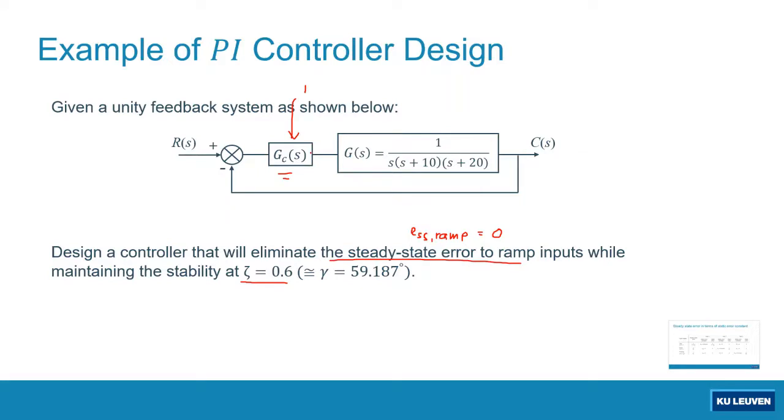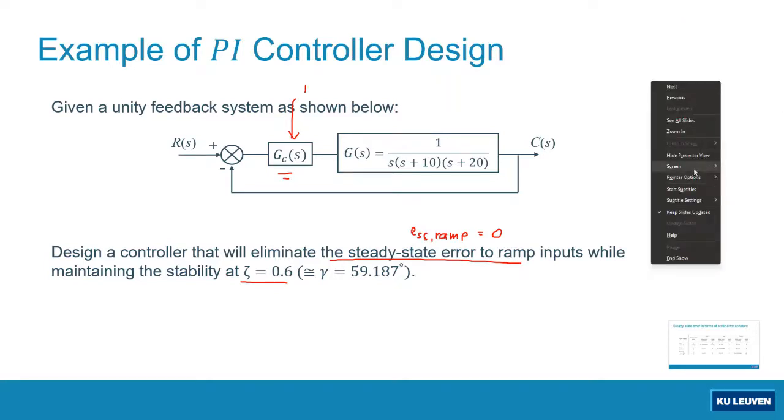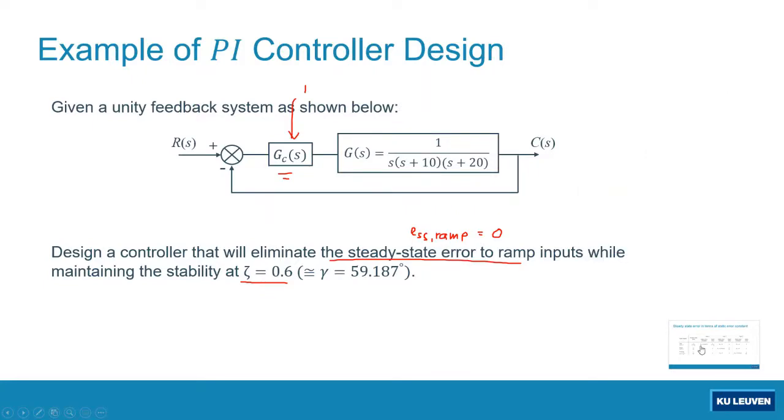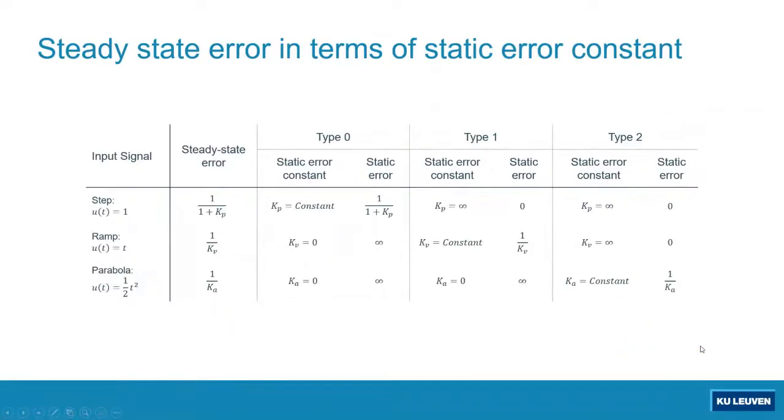What will happen? We will have a type 1 system. If you still remember, you have seen this table before when we were discussing static error constants of certain system types.